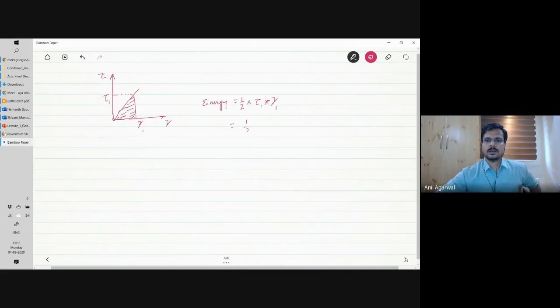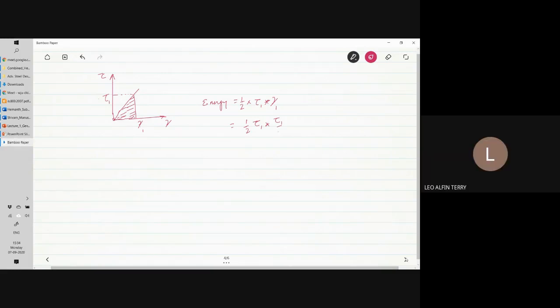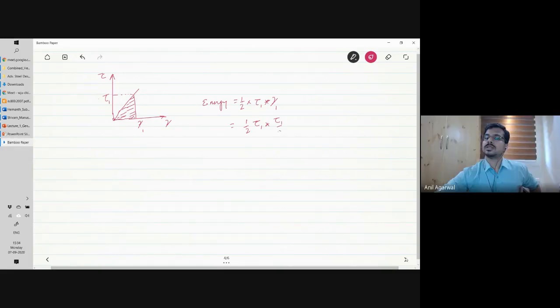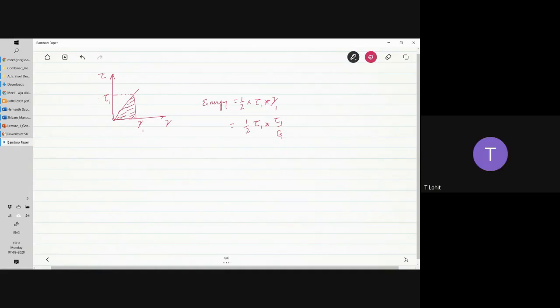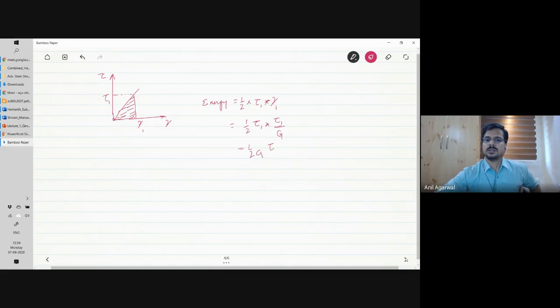Gamma 1 is nothing but tau 1 divided by G, the shear modulus. So basically I have half G tau 1 squared. Half and G are constants, so they can go to the other side. When I say energy reaches a particular value K, I can always say 2GK is a new constant, call it K1, equal to tau 1 squared.